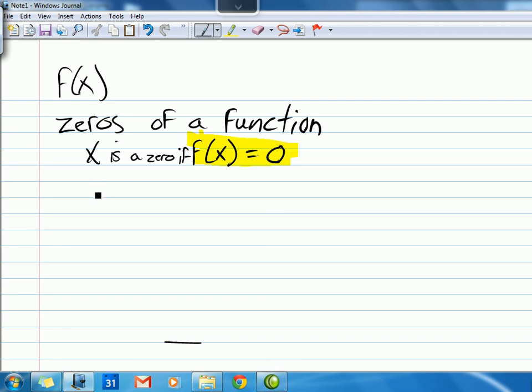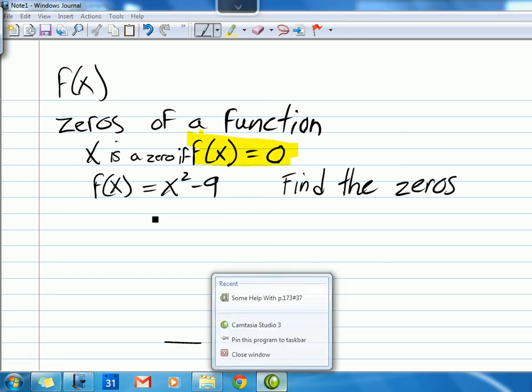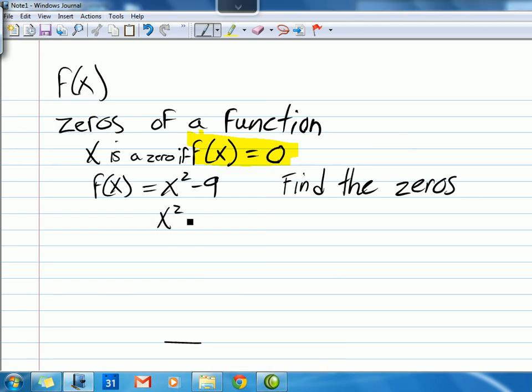So let's go through some of them. All right, first one. We'll say f of x equals x squared minus 9. Let's talk about this function right here. And your directions might say something like, find the zeros of this function. So if you had to find the zeros, it's pretty much the same idea. Really what you're doing is x squared minus 9 equals 0.